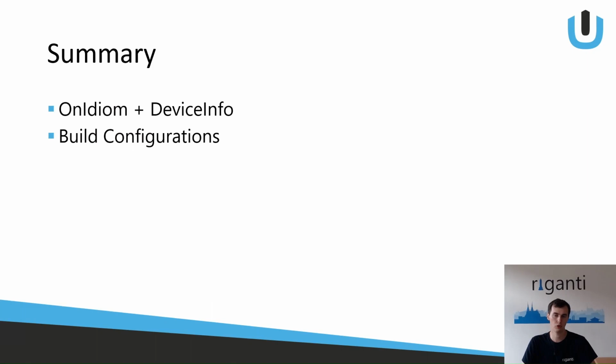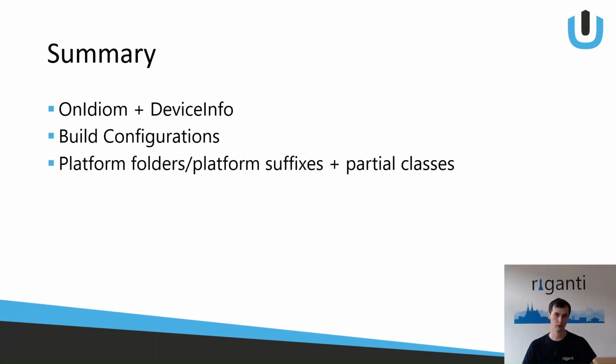Then you can create your own build configurations to achieve better performance, better application size, because you can omit some files from your build. You can create platform folders and platform suffixes to deal with custom handlers and customizing your controls. You can move stuff around to custom libraries.